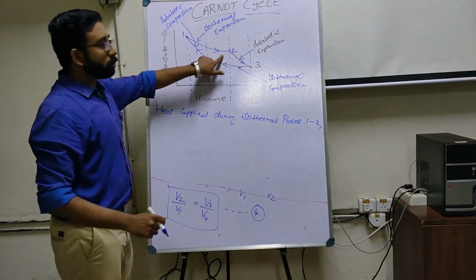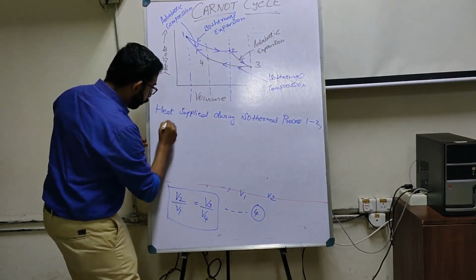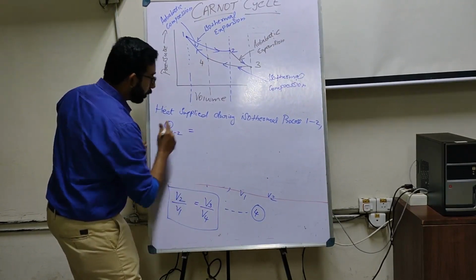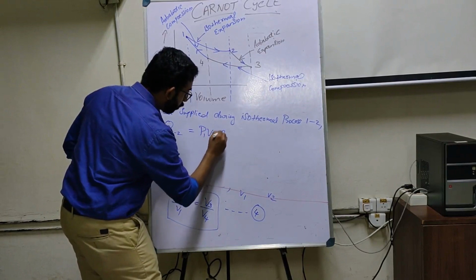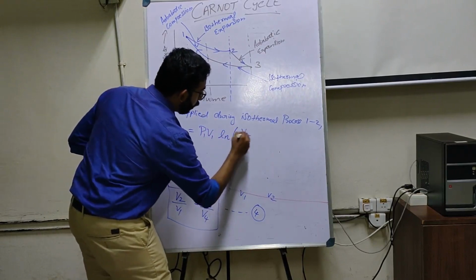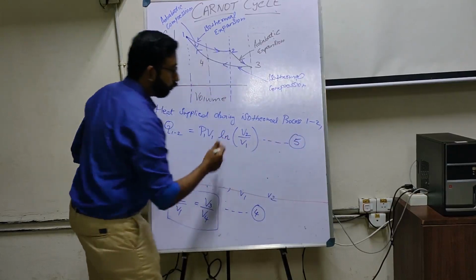Yeah, 1 to 2 is the process in which heat is supplied to the system. So I am representing Q1 to 2, the heat supplied during the process 1 to 2, and it is written as V1 log V2 by V1, and I am giving it as equation 4.